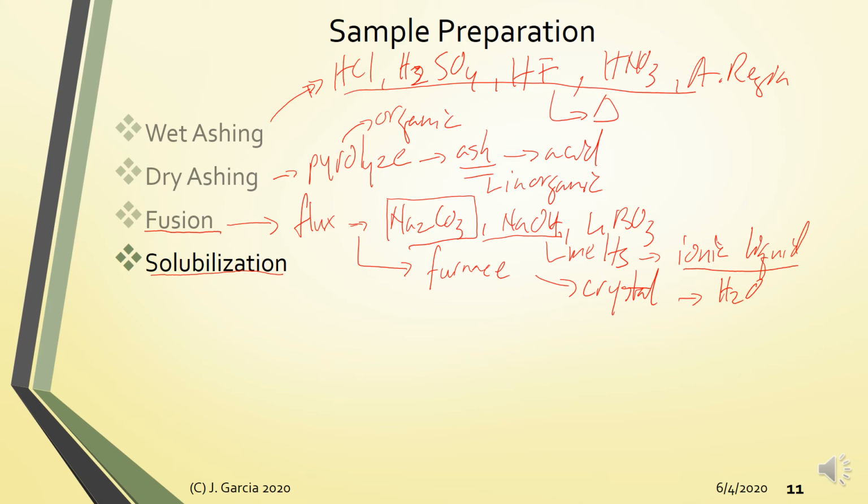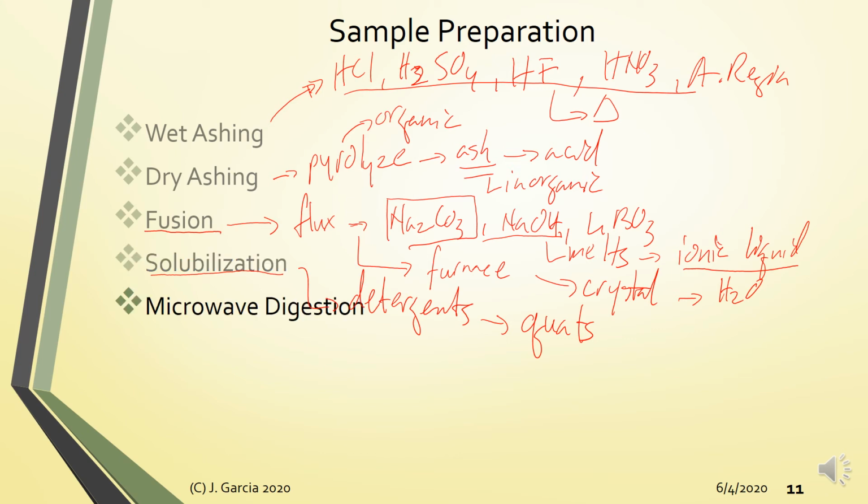In solubilization, you are using detergents, usually what we call quats, or quaternary ammonium detergents. So this disrupts the cell membrane, and then you can liberate the contents of the cell. So again, this is for biological samples.